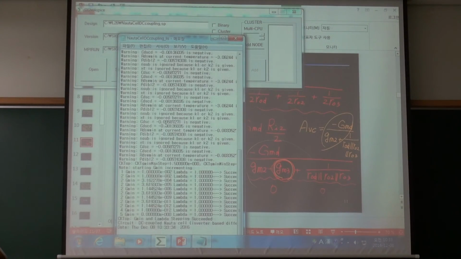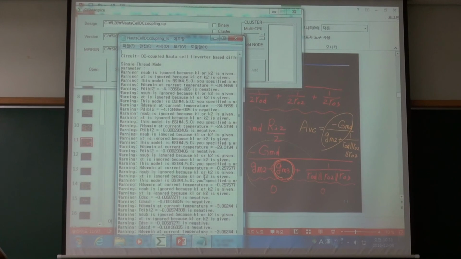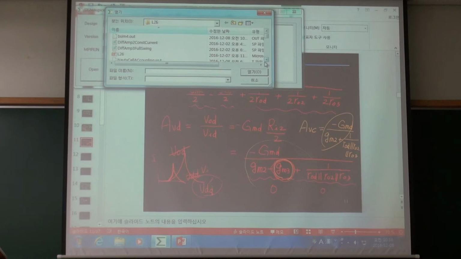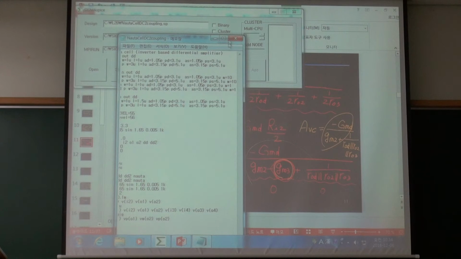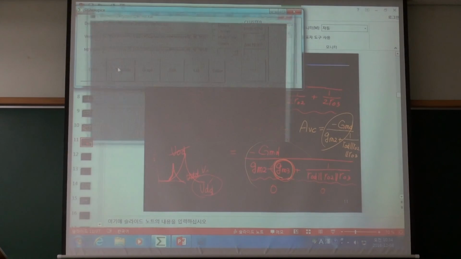LIS, what's my error? Oh, it succeeded. Oh, sorry, I simulated the wrong one. I must open DC2. Where is my DC2? Oh yeah, I must call this one first. No, fine. Let's run this one.